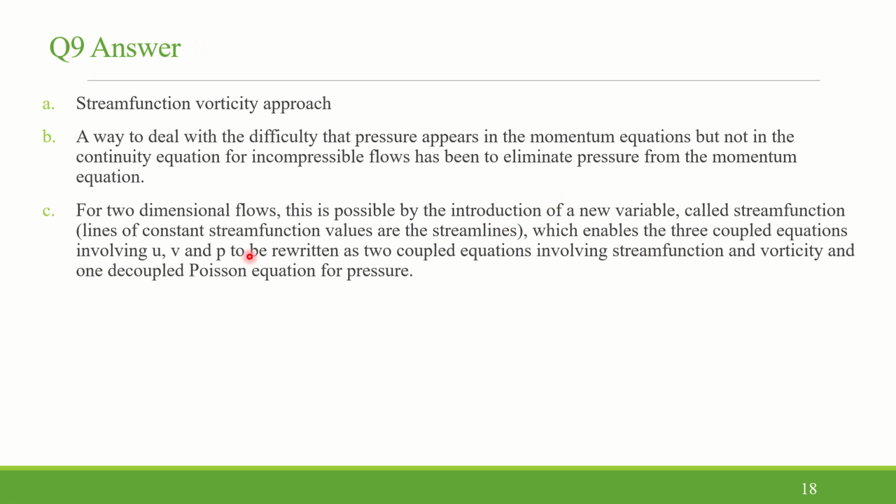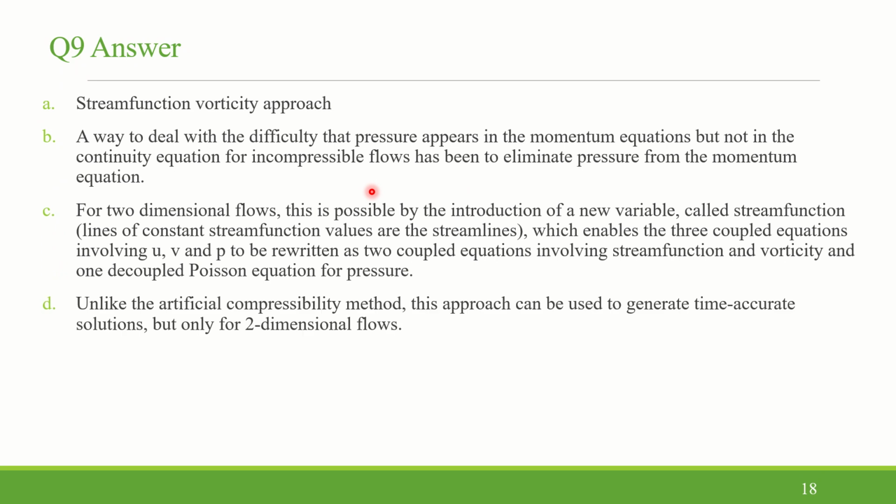So which enables the three coupled equations involving u, v and p to be written as two coupled equations involving stream function and vorticity and one decoupled Poisson equation for pressure. And unlike the artificial compressibility method, this approach can be used to generate time accurate solutions but only for two-dimensional flows.